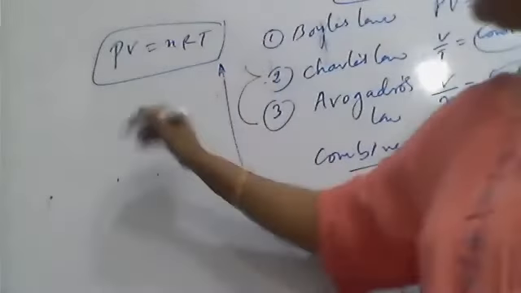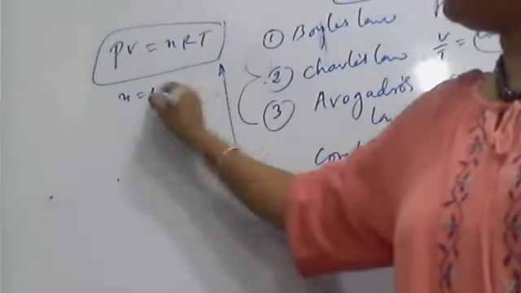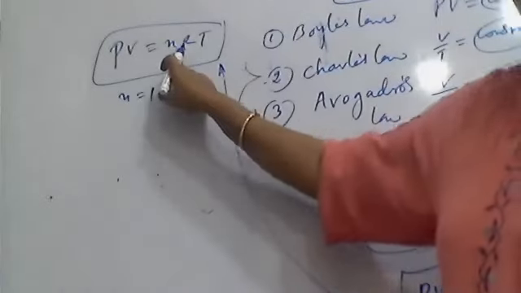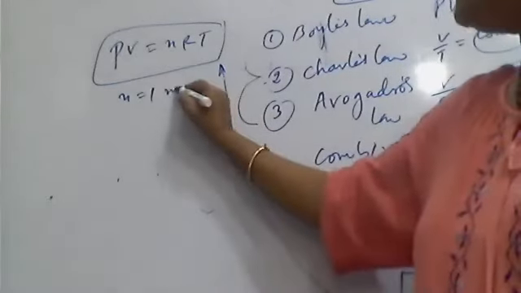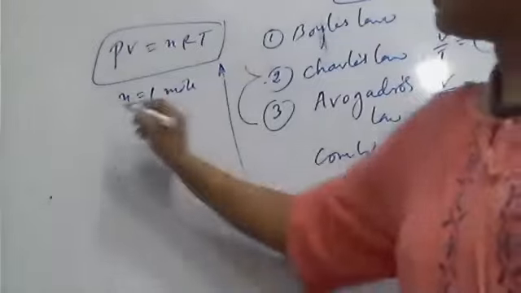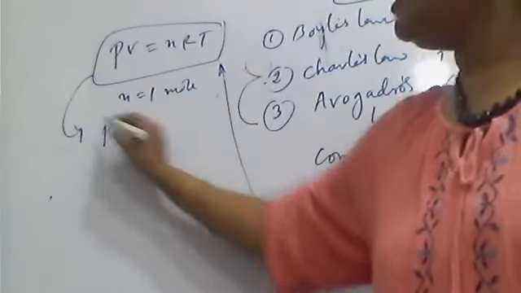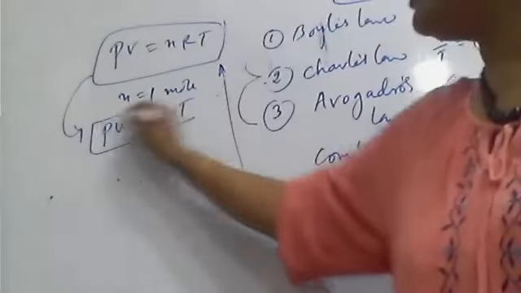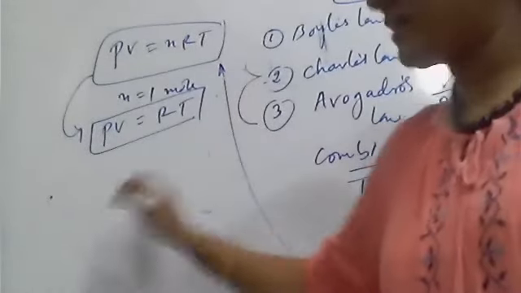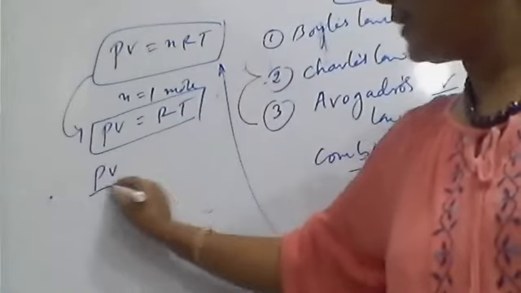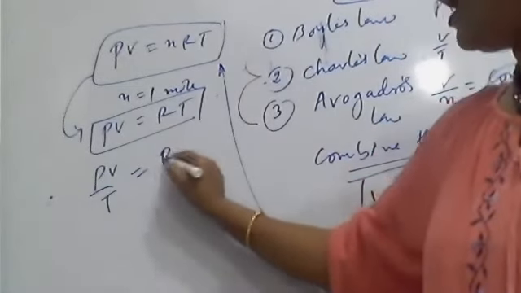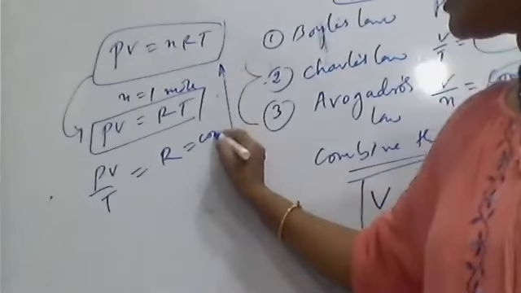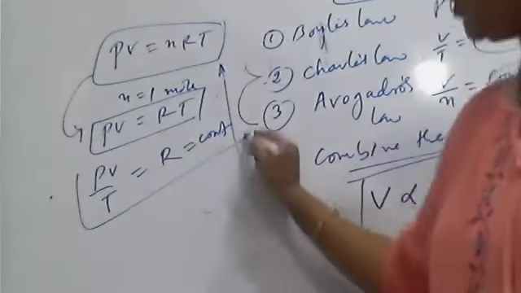For any 1 mole of gas, n is the number of moles, so n equals 1. Then PV is equal to RT. Then you can write PV by T is equal to R. Means R is constant.